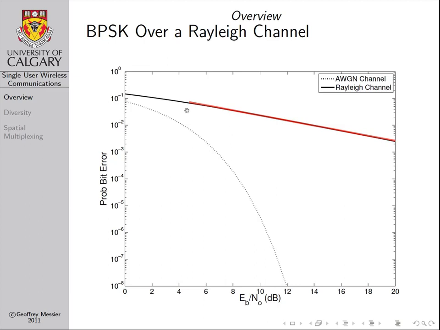So we can increase the signal to noise ratio in our system by increasing our transmit power, and we can add dBs and dBs of transmit power and not see very much of an improvement in our bit error rate. So this tells us that increasing transmit power in a wireless system, if we're not happy with our bit error rate, really isn't a very good solution. We need to come up with some other solution. And this is going to lead us into our discussion of diversity.